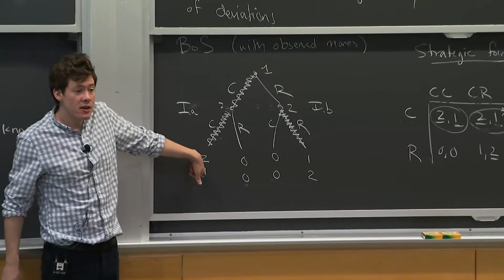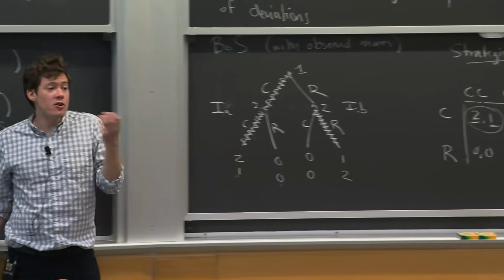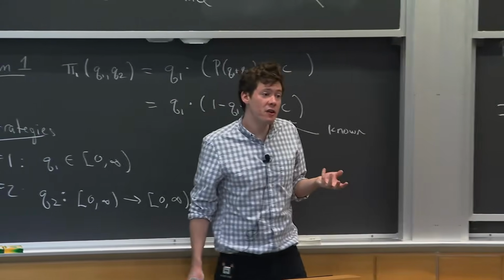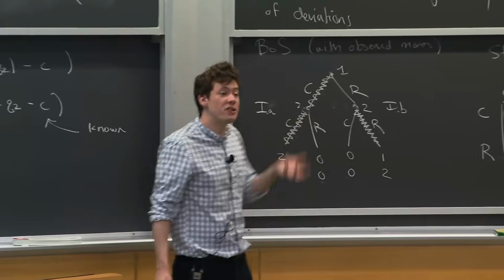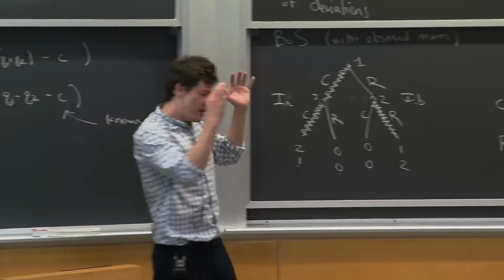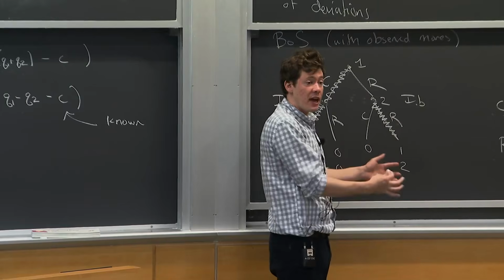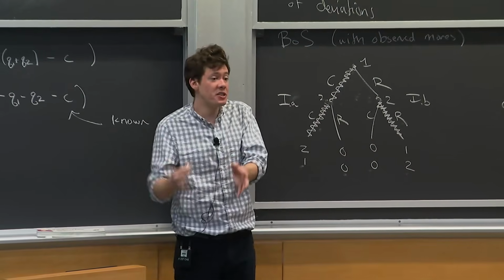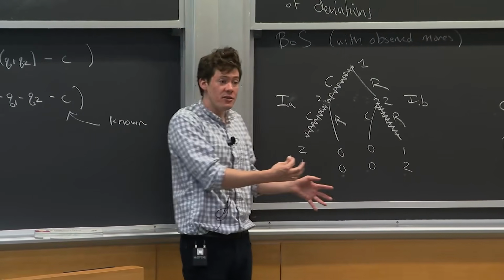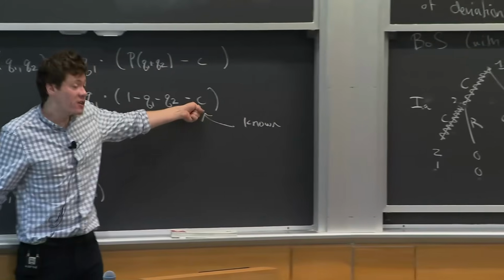It doesn't change. C is a known parameter that affects the payoff functions, but it doesn't affect the definition of the strategies. In a game, there's a fundamental distinction between the set of strategies, what people can do, and the utility functions, which is how well they do when they choose those strategies. C is just, we could call it a half if we wanted.